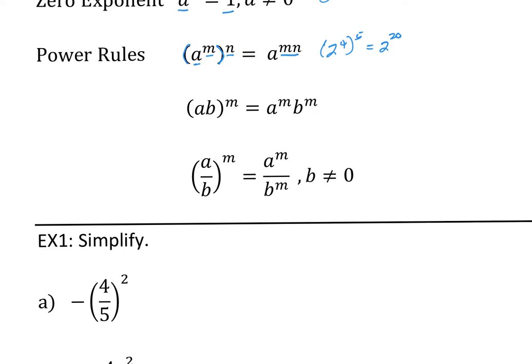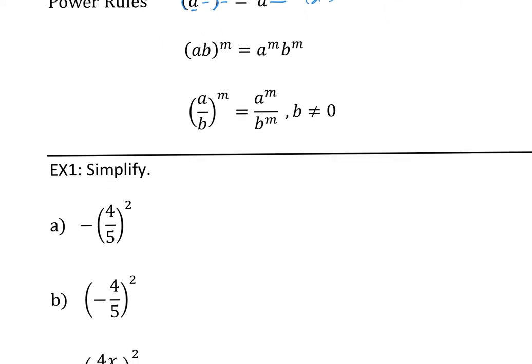And then we have another rule that says whenever you have a product or multiplication inside the parentheses and it's raised to some exponent, then you can distribute that exponent to all the factors inside the parentheses. If I had 4 times 5 in parentheses, and I have that raised to the 3rd power, that would be 4 to the 3rd times 5 to the 3rd.